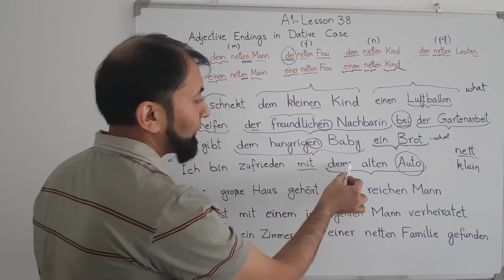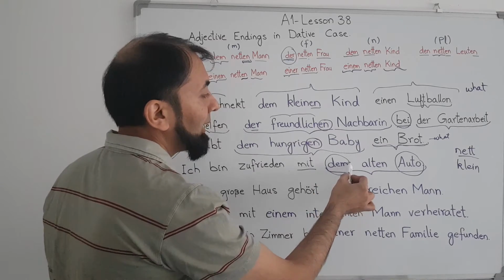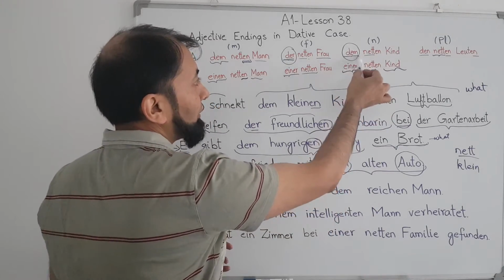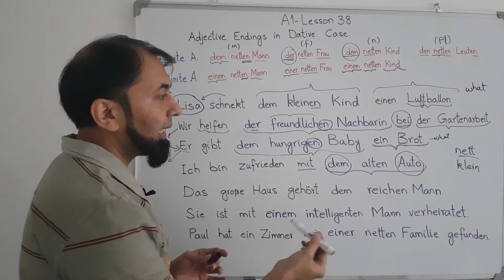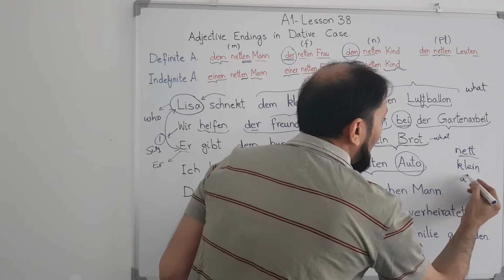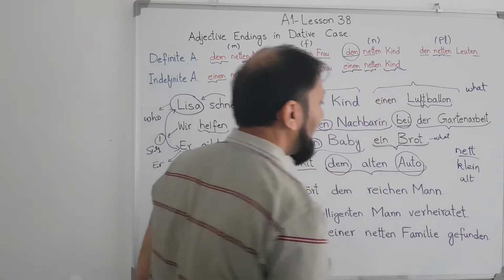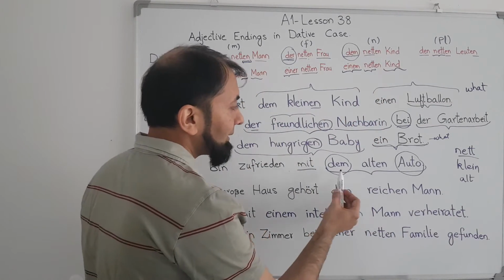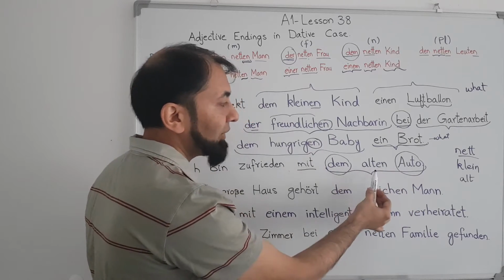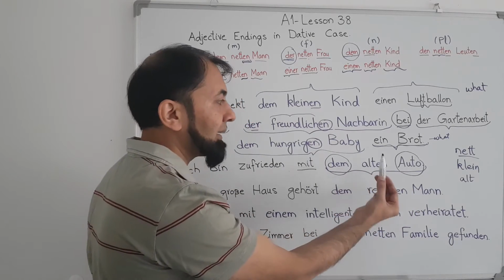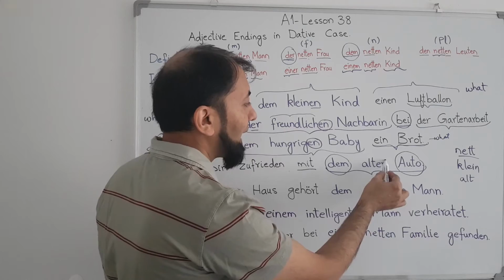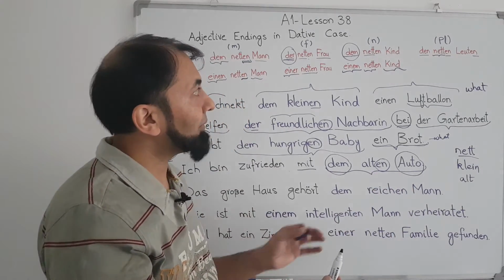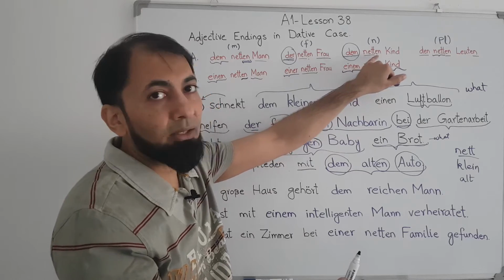Therefore I know that I have to use dem as the definite article. This is what is written over here, and I am using an adjective, alt, which means old, and because this part of the sentence in which the adjective is being used is in the dative case, I have to add -en at the end of the adjective. This is what I have done here and we have learned over here.